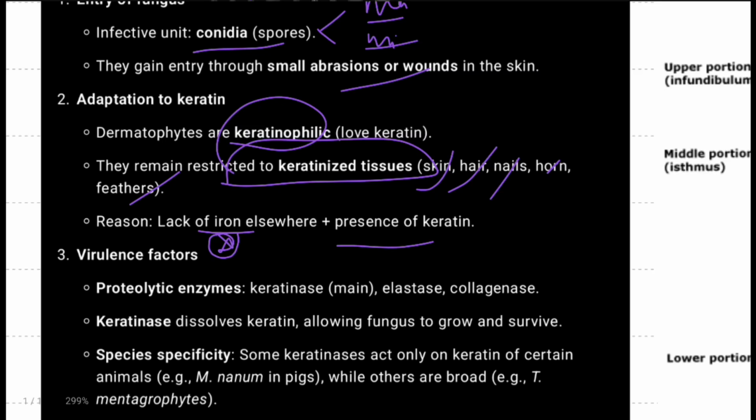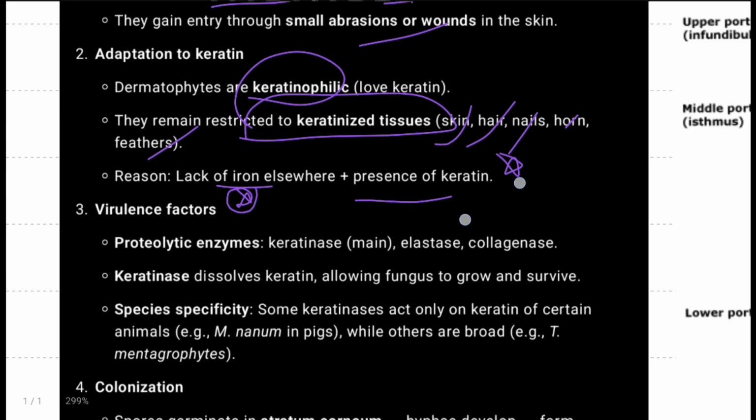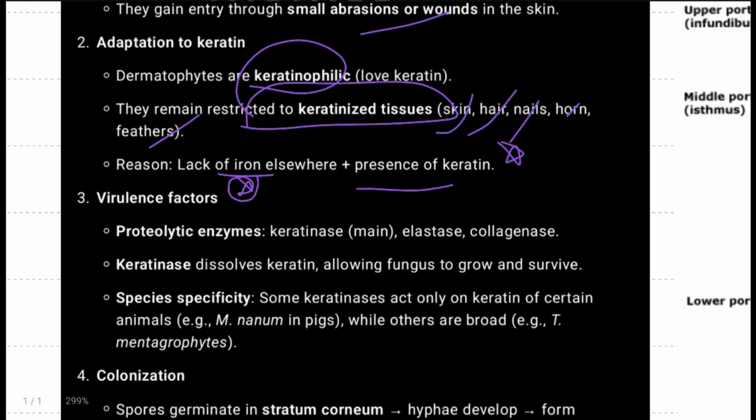To access iron from these iron-bound proteins is very difficult for dermatophytes, so they would have to compete with host defense mechanisms such as the rich blood supply, the immune cells deep inside the tissues, and iron-binding proteins. So it is difficult for dermatophytes to access iron deep inside the body. This made the dermatophytes adapt to areas where there is a poor source of iron and also a rich presence of keratin protein. So this has made the dermatophytes adapt to keratin protein.